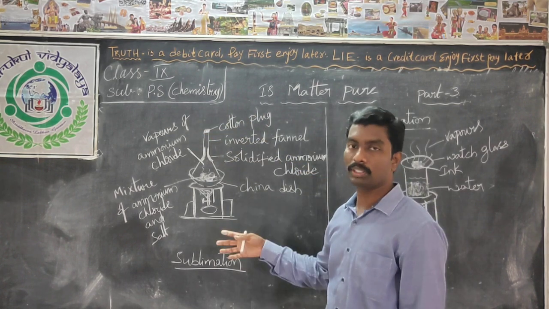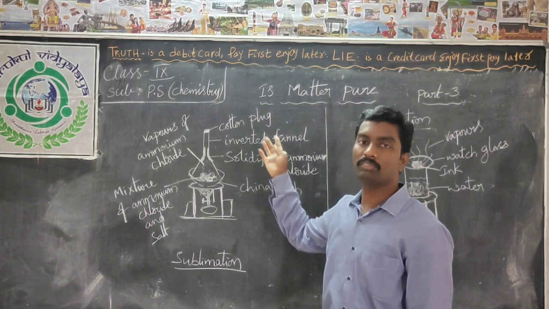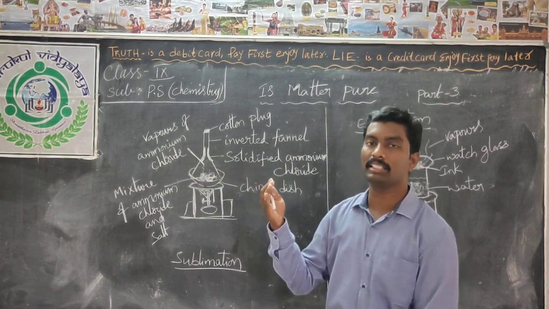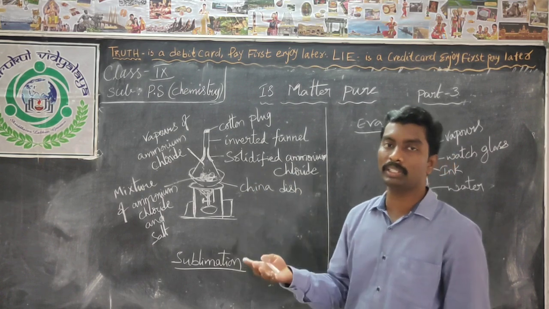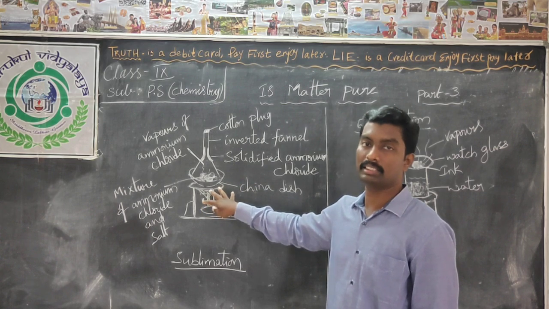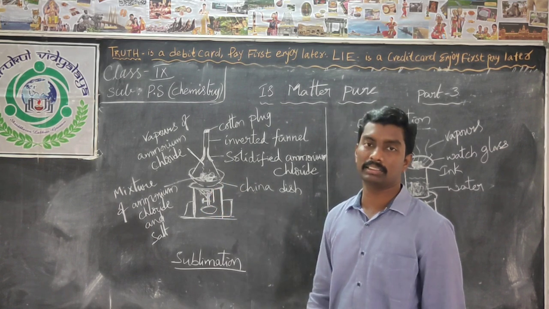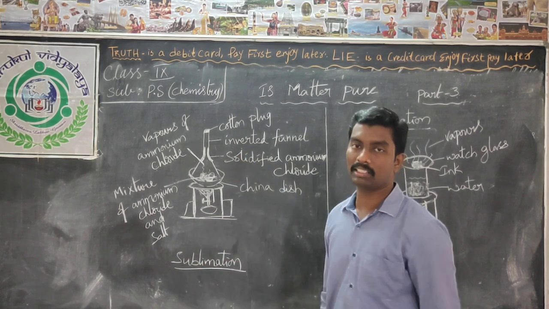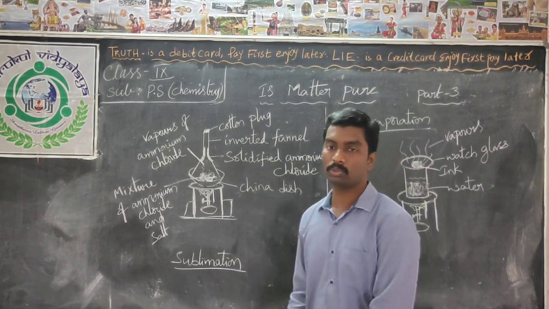After it cools, we remove the inverted funnel, and if you scratch inside, you get the solid ammonium chloride, and the other salt, NaCl, is left in the China dish. So by this sublimation technique we can separate both salts, ammonium chloride and sodium chloride.